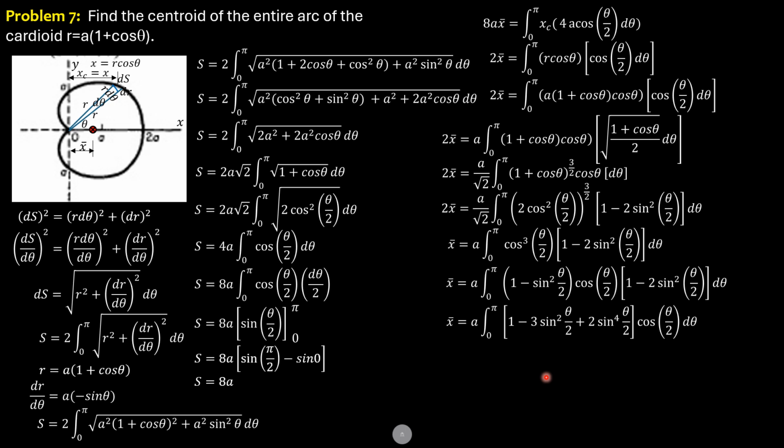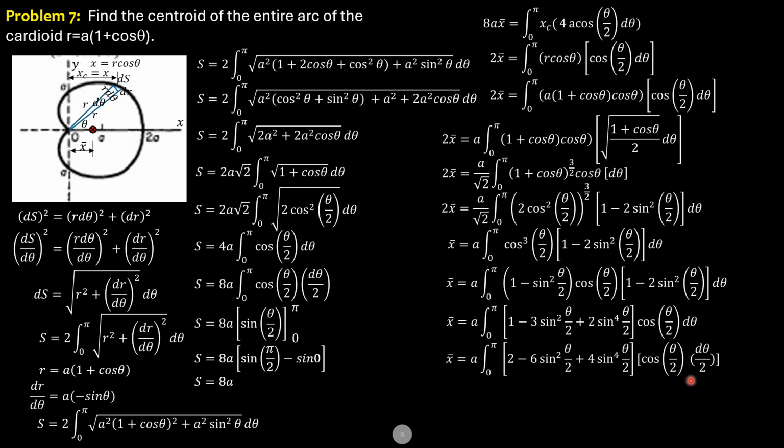So x bar equals a integral 0 to pi of quantity 2 minus 6 sine square theta over 2 plus 4 sine to the 4th theta over 2 times cosine theta over 2 times differential theta over 2. So we introduce 2 here in the numerator because we divide by 2 also. So these are now the new coefficients inside the bracket terms.